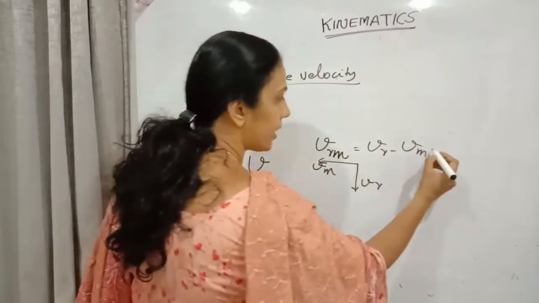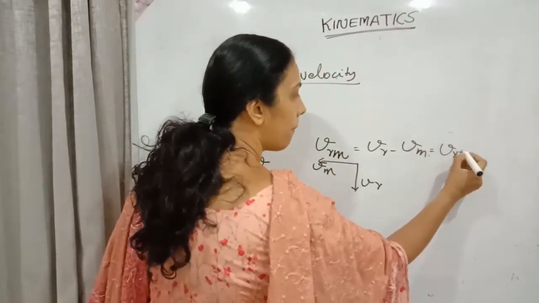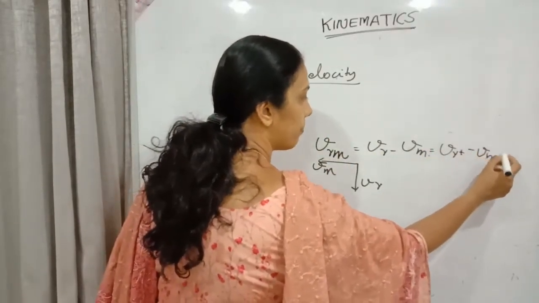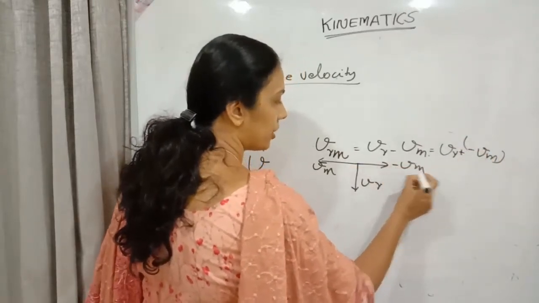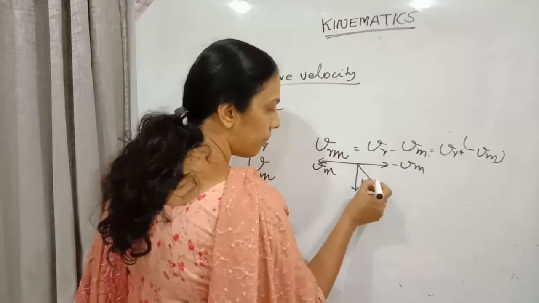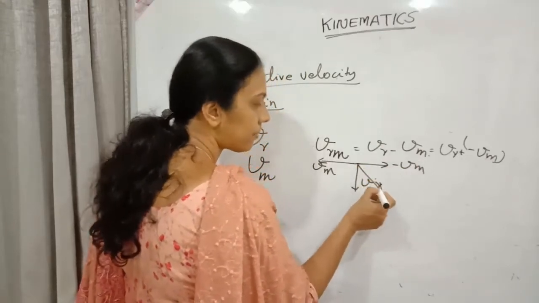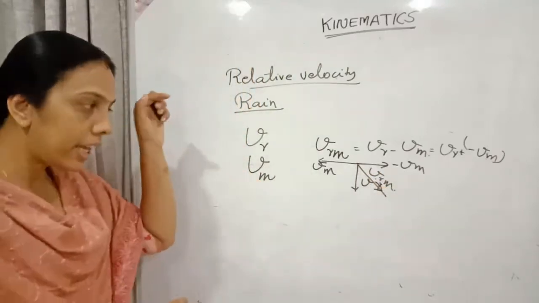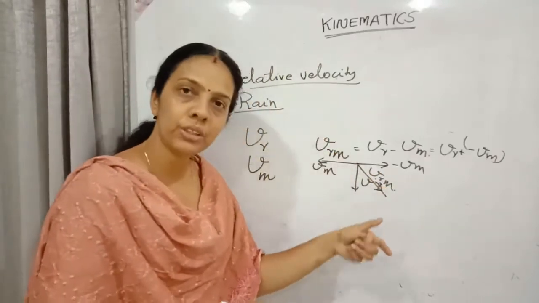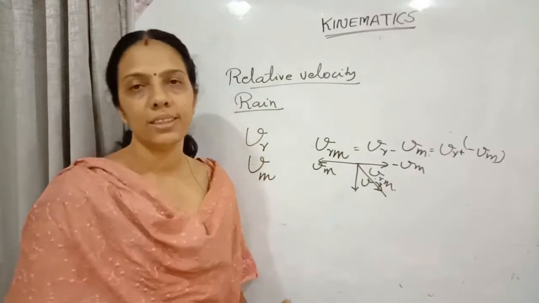So here we can consider it as VR plus minus Vm. For that I am considering minus Vm in this direction. So the relative velocity will be like this. This will be the direction of relative velocity, so rain will be falling in this direction. He should hold the umbrella just above that.